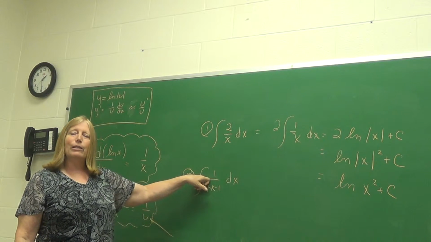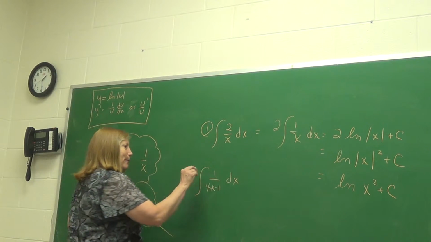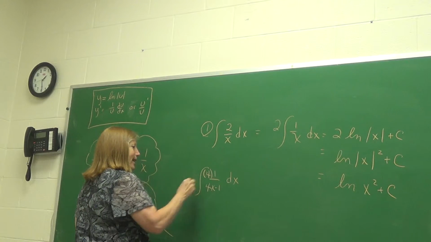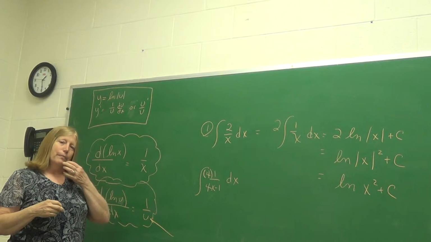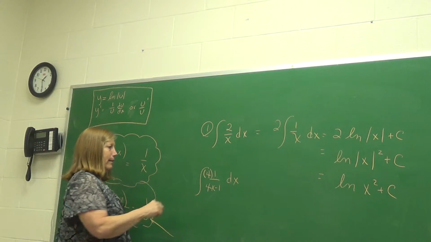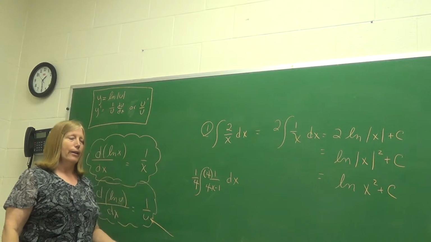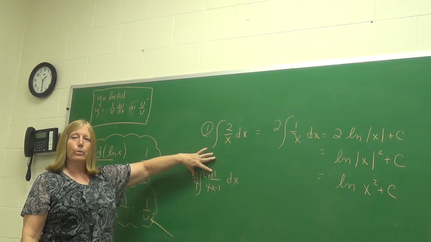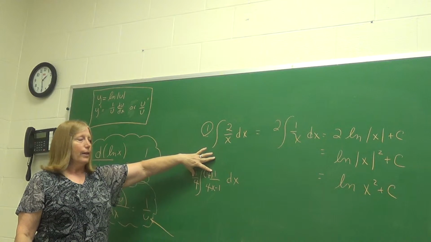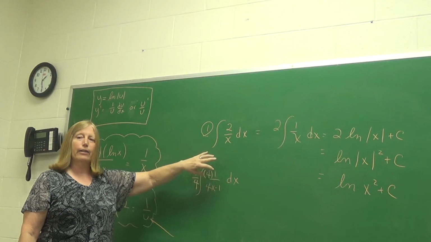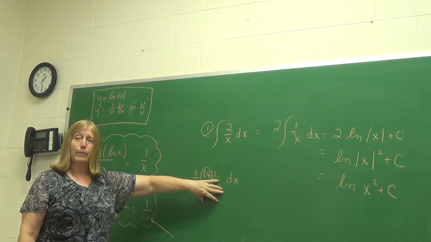So what I'm going to do is I'm going to tweak this a little bit, and I'm going to put a 4 there. Sounds like a big cheat, but remember I can pull constants across the integral sign. So if I put a 1/4 out here, is this not still the equivalent of 1? It is. So therefore, I have created a derivative on the top and the expression on the bottom.